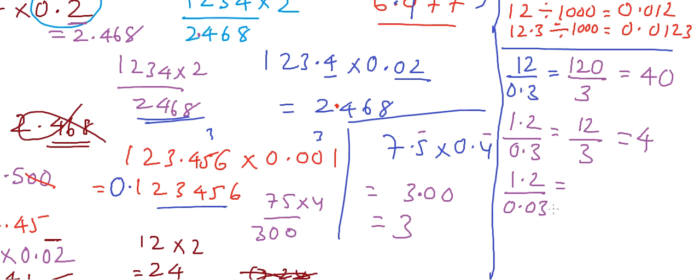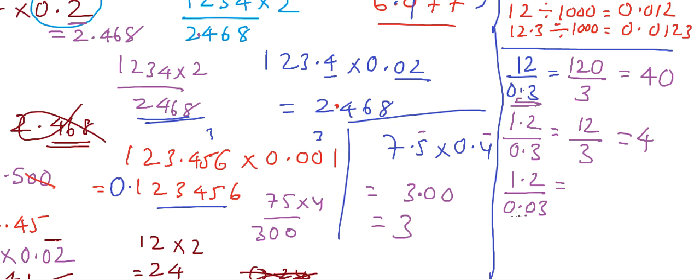But if you multiply by 100, the point will shift 2 decimal places to the right, then it will become 3. So, in simple terms, the denominator has 2 decimal places, correct? So 100 has 2 zeros, so multiply both numerator and denominator by 100. Suppose the denominator has 1 decimal place, multiply both numerator and denominator by 10. If the denominator has 3 decimal places, then multiply numerator and denominator by 1000 and so on.